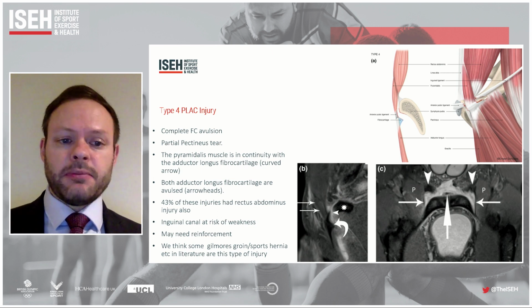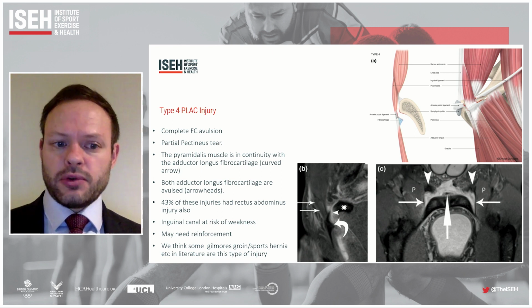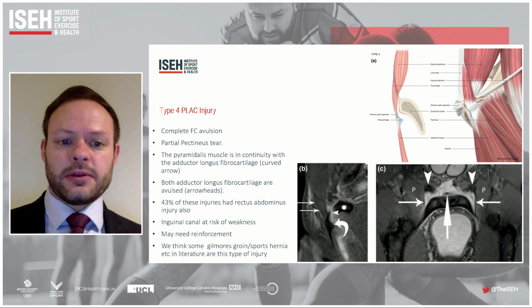And with that, we might need reinforcement of the inguinal canal to make sure that we don't get any further persisting pain, like Lampana et al. mentioned. We think that some of these injuries are actually what was described as sports hernia or Gilmore's groin in the past in the literature, and they were just misdiagnosed at the time.